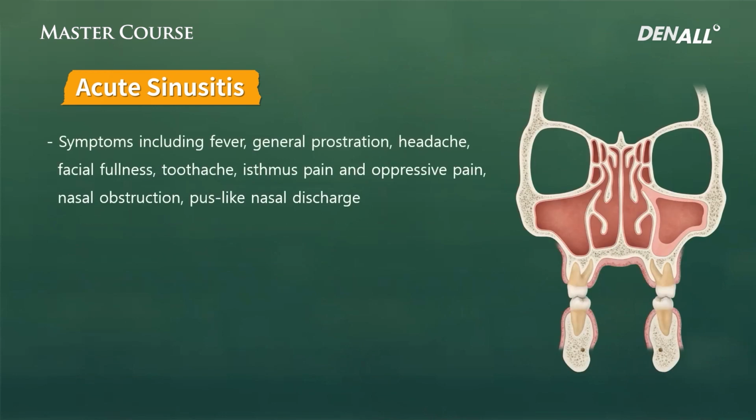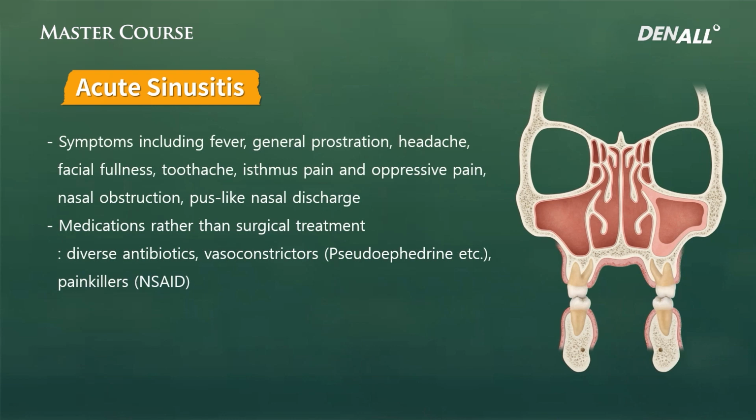In the case of acute sinusitis, the symptoms include fever and overall weakness, headache, facial fullness, and pain in the upper posterior area. The patient can experience toothache. There can be nasal obstruction and pus-like nasal discharge as well.